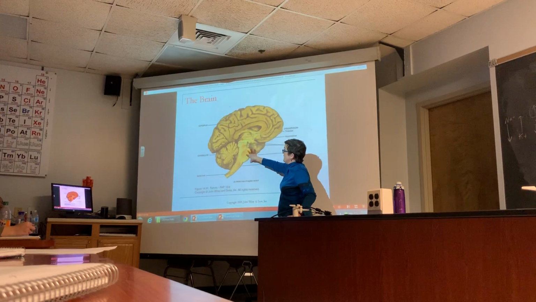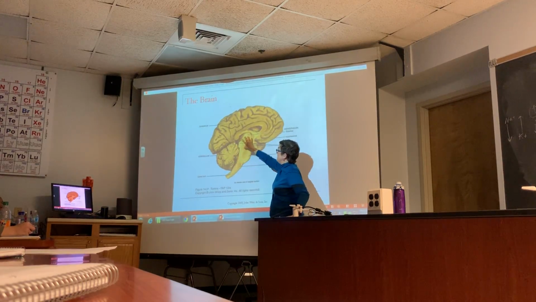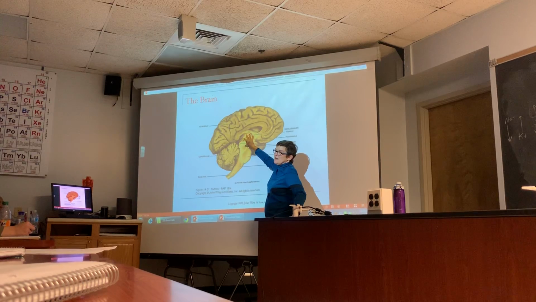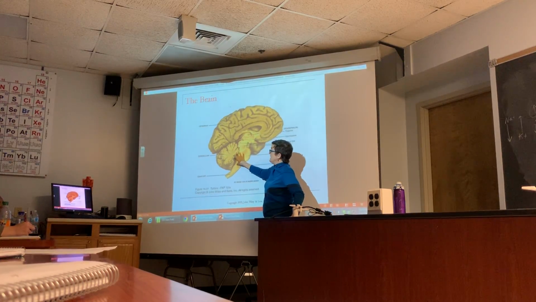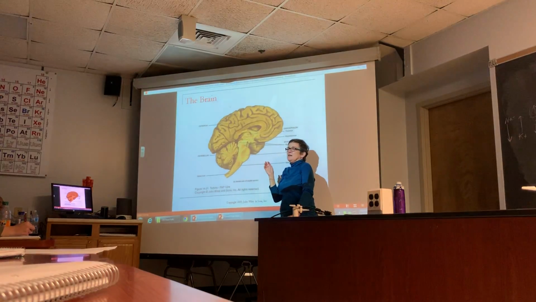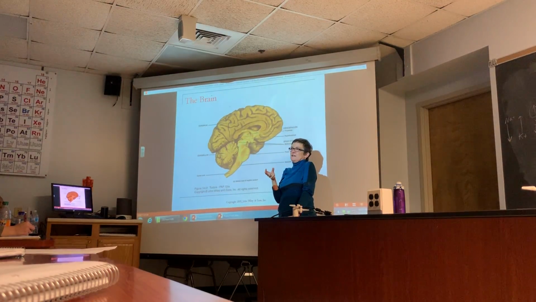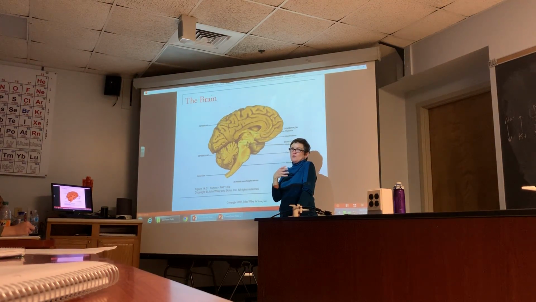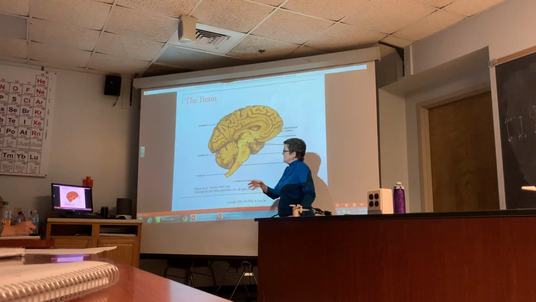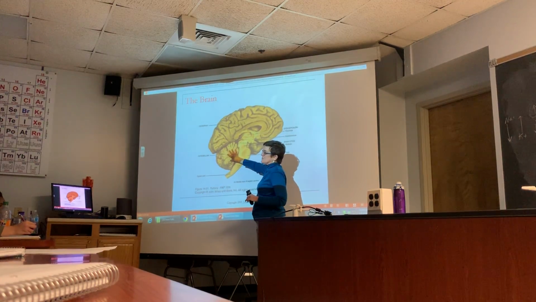But other parts of your brain, the cerebellum, the brainstem, the diencephalon, where the hypothalamus is, these parts of the brain control involuntary functions. And in the case of the cerebellum, it is basically coordinating voluntary functions. It's coordinating your skeletal muscle contractions, but it's doing so at a subconscious level.